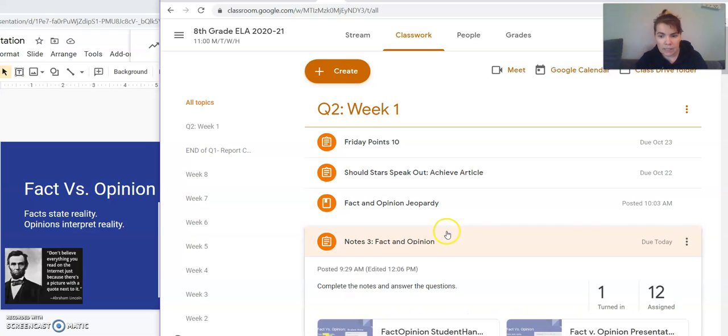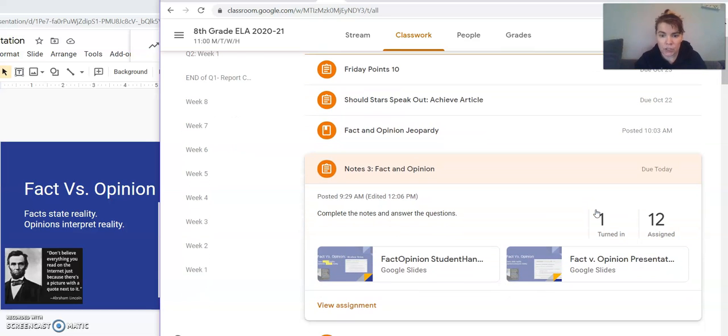You open that, and one will be the fact and opinion student handout. The other one is the fact and opinion presentation. You are going to want to have those both open at the same time, or just watch this video while you have your student handout open. The student handout is what is due today, just like the other sets of notes that we have done.